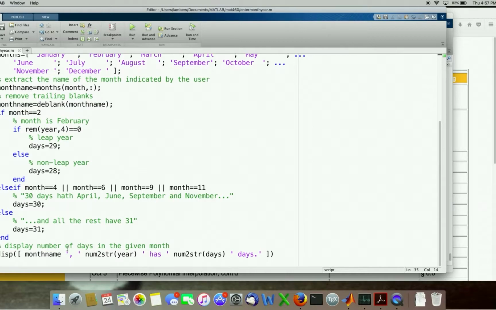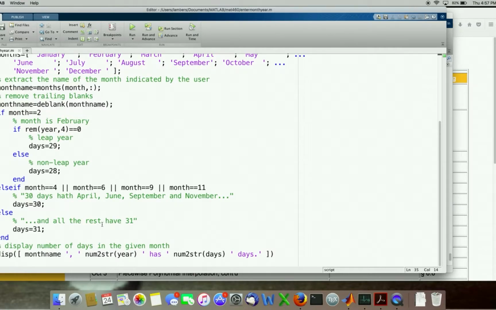One thing I want to mention, though, the spaces between these are important. I had a student forget to put spaces in between like I have them here, and it gave him errors. And then I have more text. So after the year is printed out, then I have a space, then the word has, all in quotes, then a number of days, and then some more text to close it out. And then the closing square bracket ends a string.